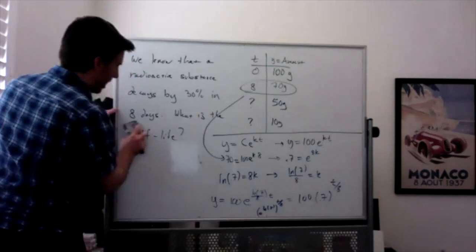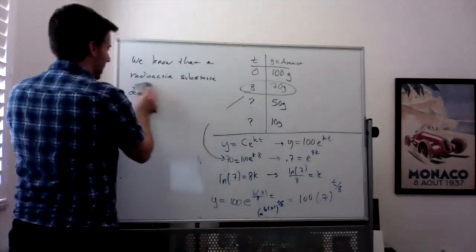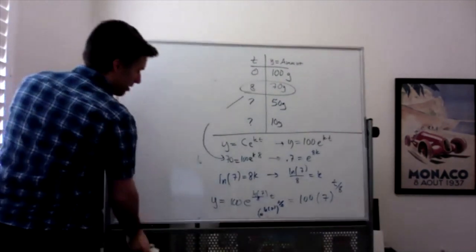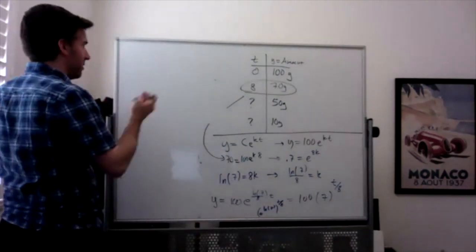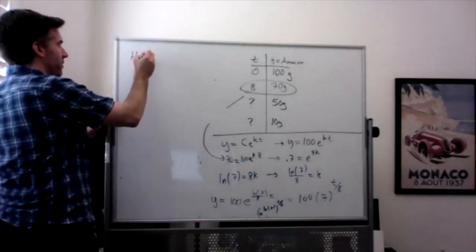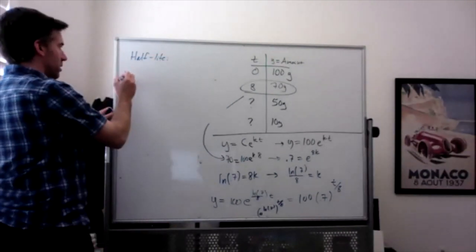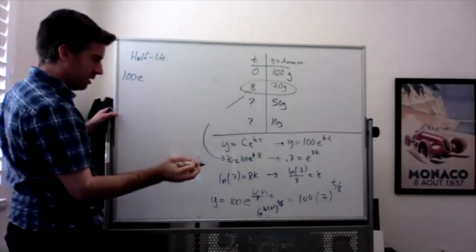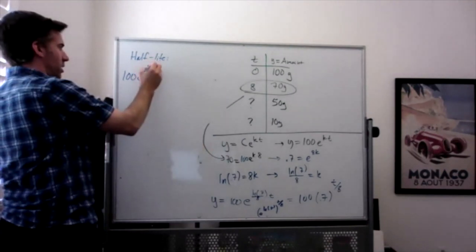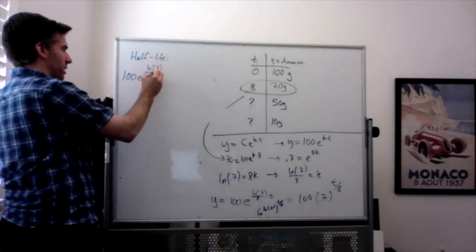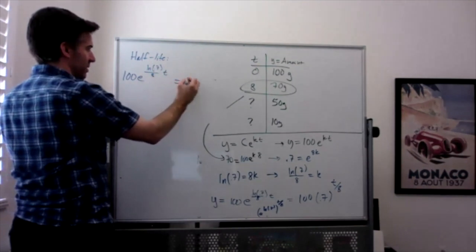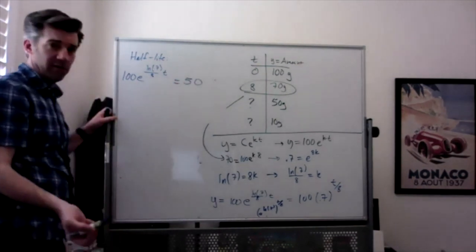All right, so now that we have our model, now we're trying to answer the questions. What's the half-life? So to find the half-life, we're going to set our model, which is 100 e to the natural log of 0.7 over 8 times t, equal to half the stuff we started with.